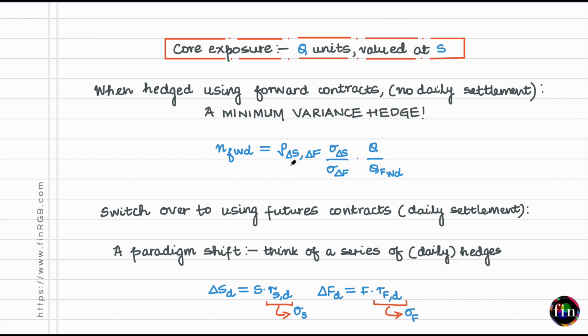What we can do with this objective function in mind is work out the number of futures contracts that I should be working with. And this is the simple formula to determine that number.